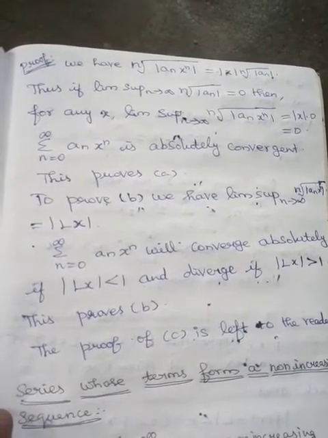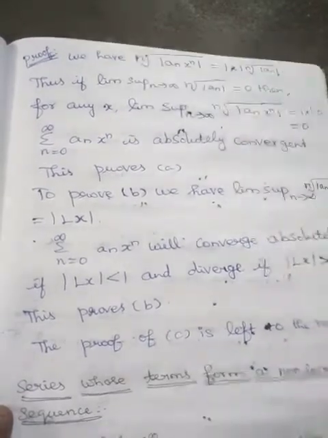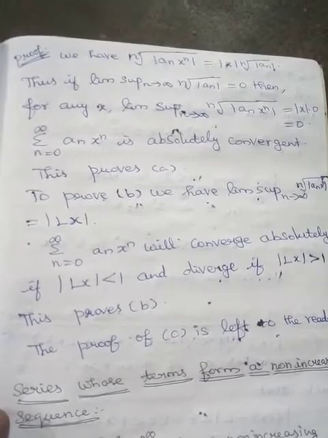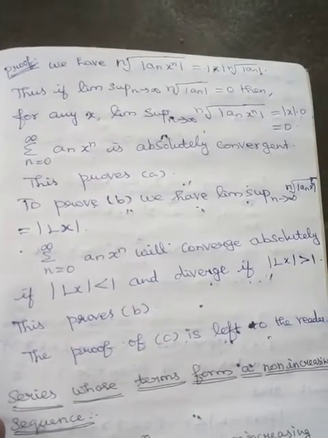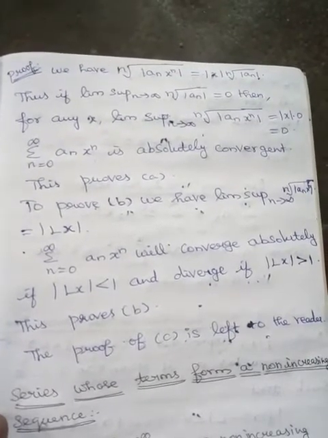Summation n equal to 0 to infinity an x power n is absolutely convergent. This proves subdivision A.